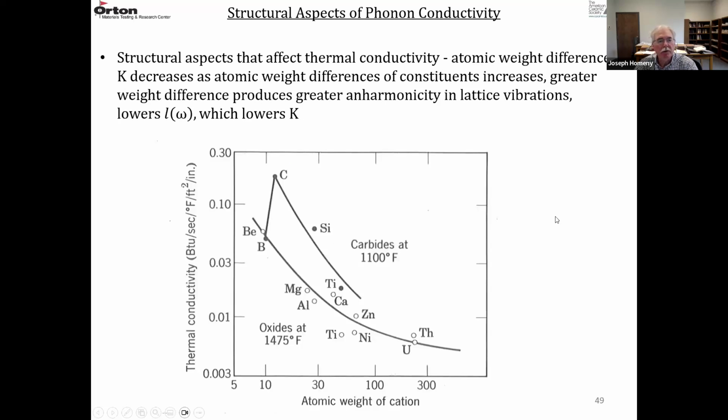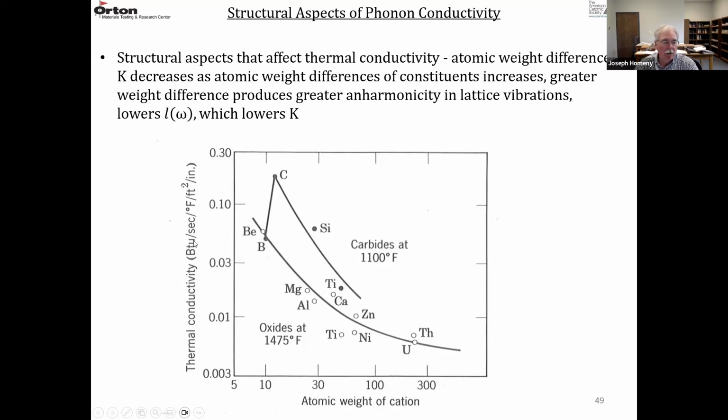So atomic weight differences. So as the atomic weight differences increase, that lowers the mean free path and that lowers the conductivity. So this is thermal conductivity versus atomic weight of the metal cation. So the bottom curve here is for metal oxide. So this would be MgO, Al2O3, BeO, and so on. The top curve is for carbides, such as carbon, silicon carbide, titanium carbide.